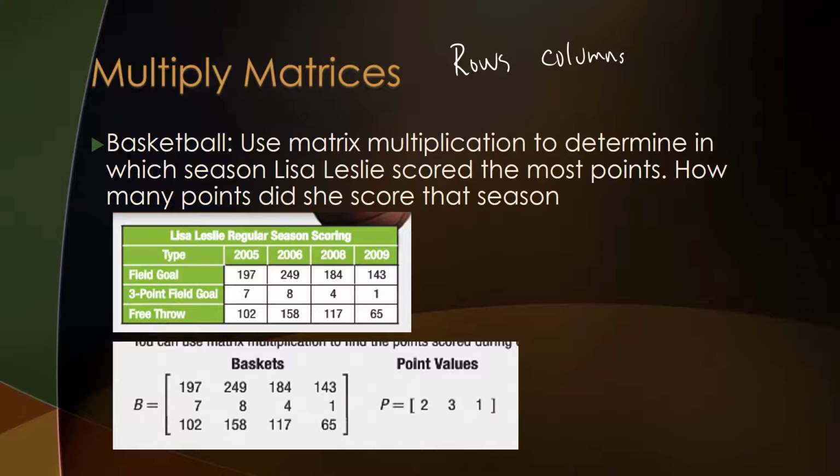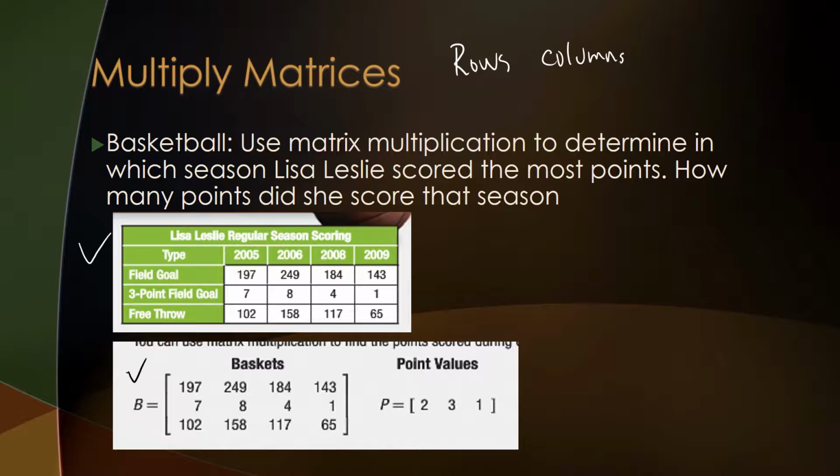Now, at the beginning of this chapter section, on page 179, we had some information about Lisa Leslie. And we have a spreadsheet here that shows how many baskets of which type, field goals, three-pointers, and free throws, that she scored over a four-season period, 2005, 6, 8, and 9. And then that information has been displayed to us in matrices.